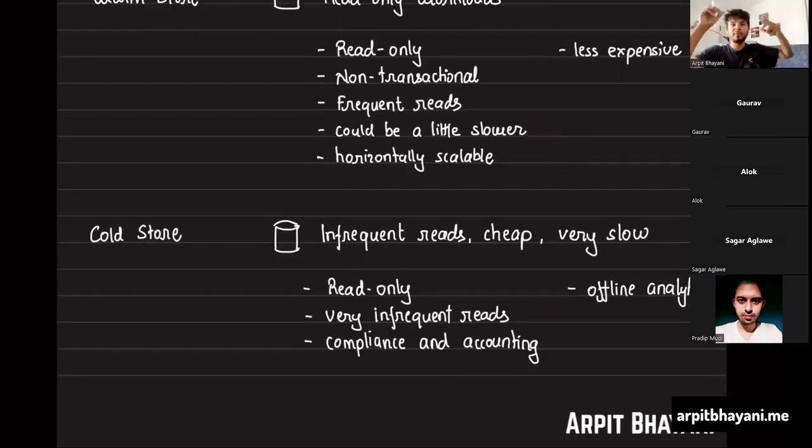Because now you would take data from the hot tier and move it into the warm tier, it needs to be distributed and horizontally scalable. In your hot tier, you can have one database to handle that load, I'm just using that as an example. But in the warm tier, because you are putting in a lot of data and you want to read it, it needs to be horizontally scalable.